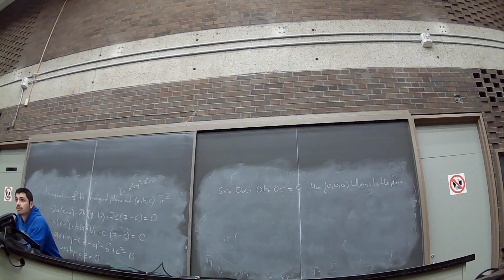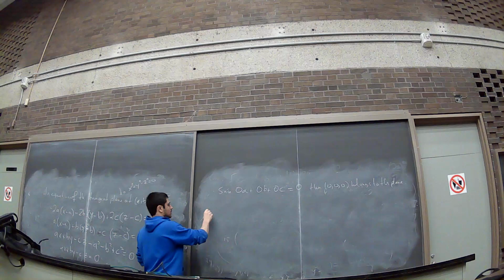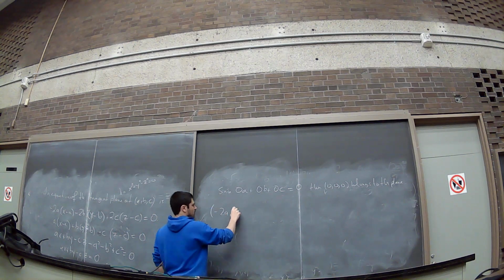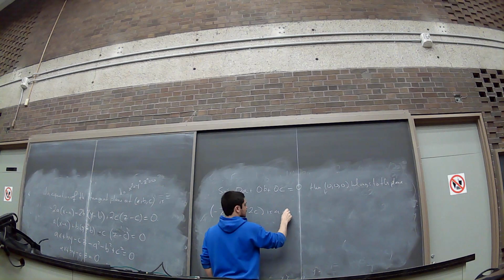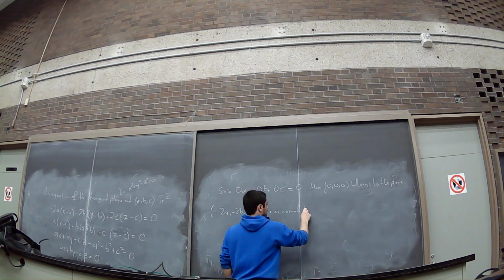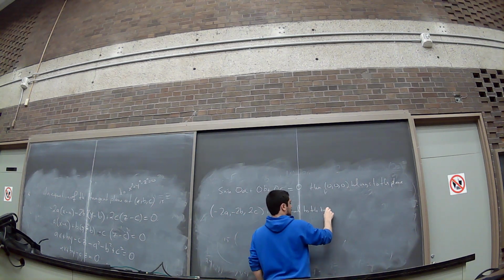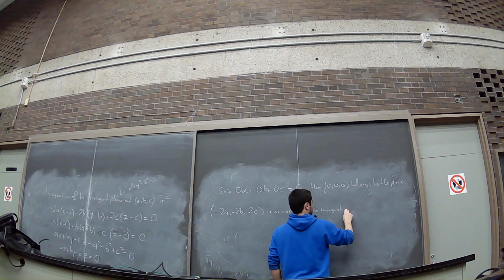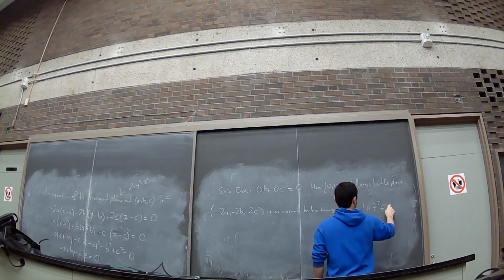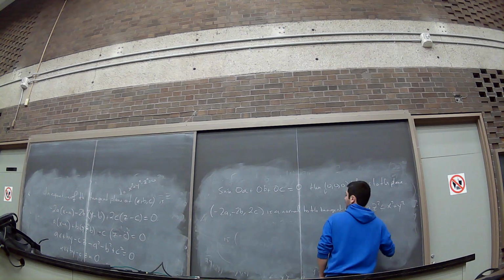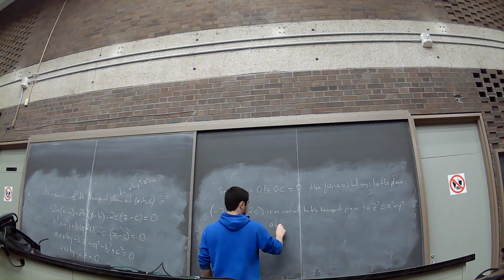You would just do the dot product and then the theorem. Pardon me? For the other way, yeah, so let's do the other way. So I have (minus 2a, minus 2b, 2c) as a normal vector to the tangent plane of 2z squared equal to x squared plus y squared at (a, b, c).